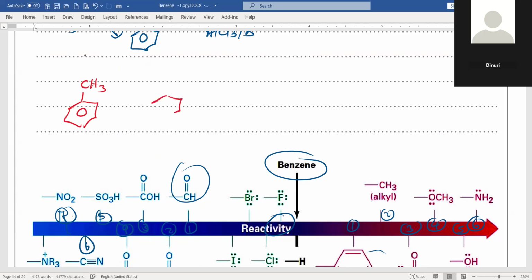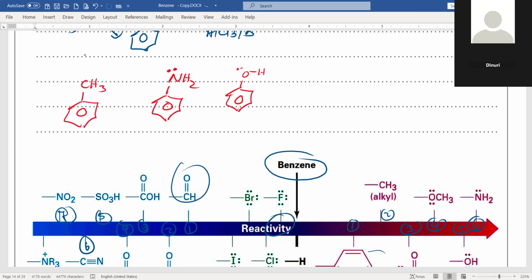And if you have any other group attached, having lone pairs on it, say the NH2, then you have a lone pair on the atom which is directly attached to the benzene ring, in this case the nitrogen. And if you have oxygen attached, again that oxygen may have a pair of electrons, just a single lone pair or more than one lone pair, right?